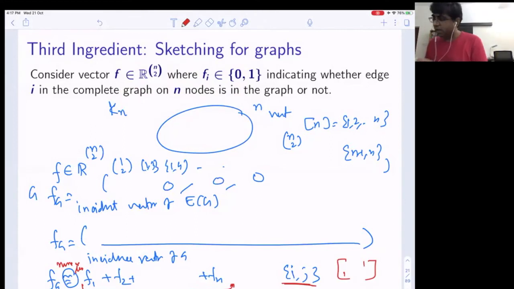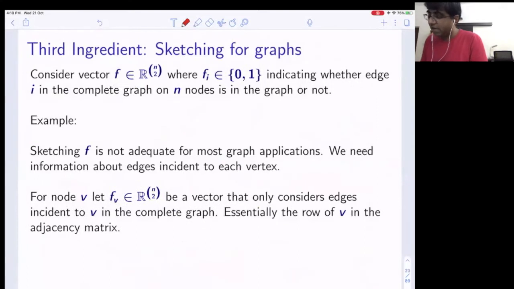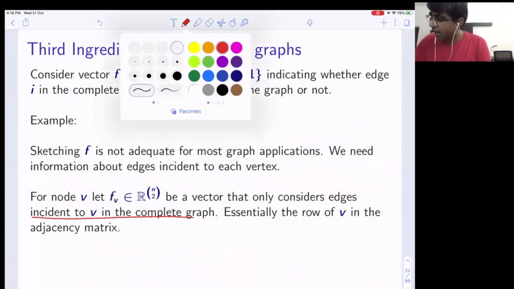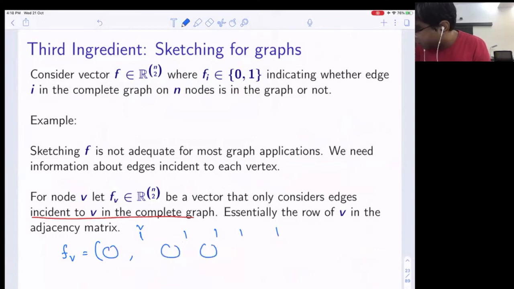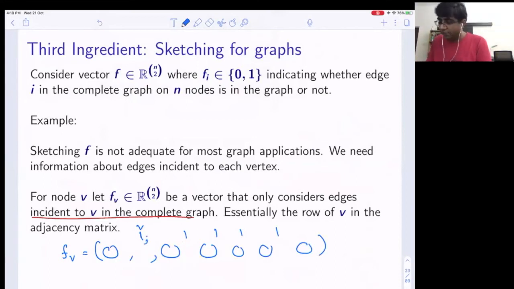But I can define Fv in R^(n choose 2) to be the vector that only considers edges incident to V in the complete graph. For Fv, look at all the coordinates where V is one of them; if that particular pair, V and some w, is an edge, then you put 1, and 0 otherwise.